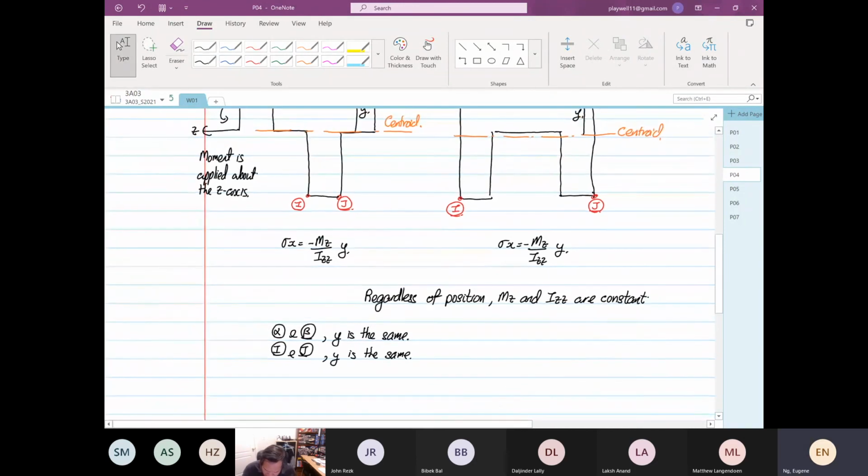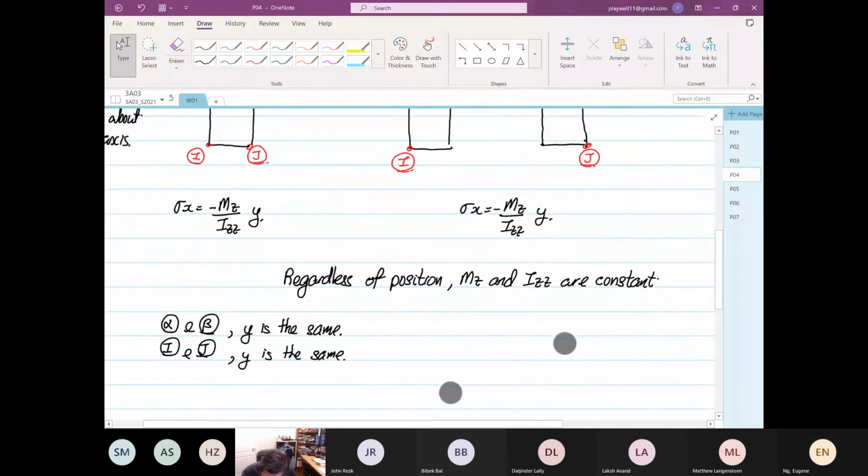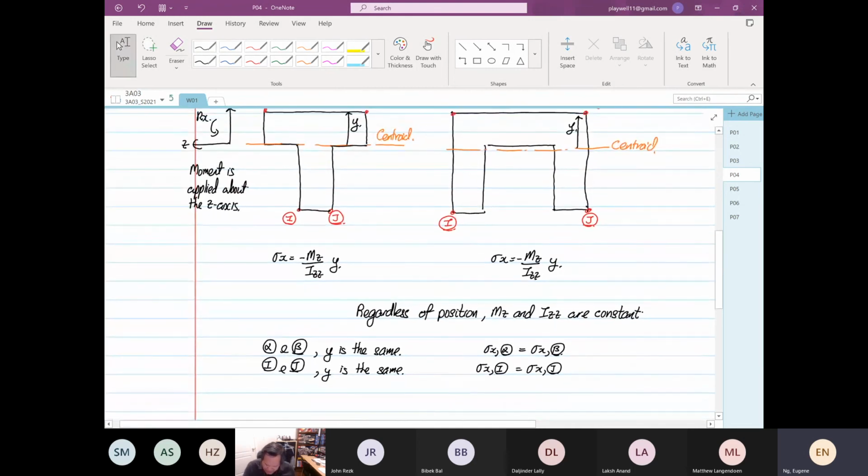Based on this, we know that stress X for point alpha is equal to stress X for point beta, and stress X for point I is equal to stress X for point J, because alpha and beta have the same Y value, and I and J also have the same Y value, regardless of whether positive or negative.